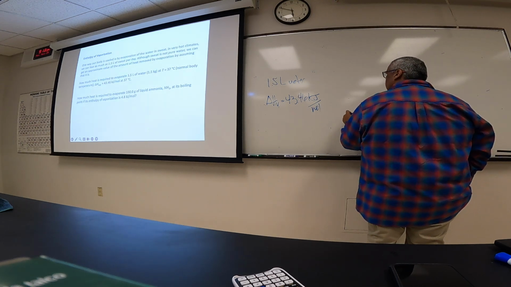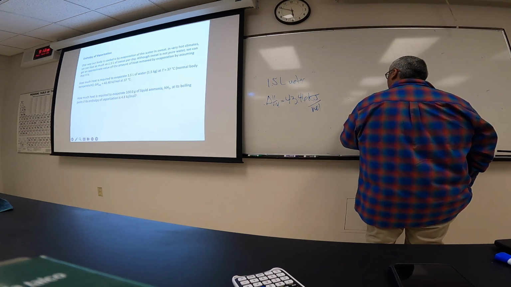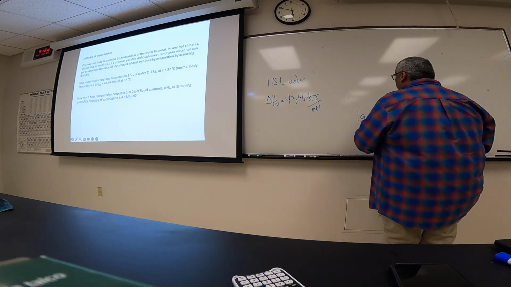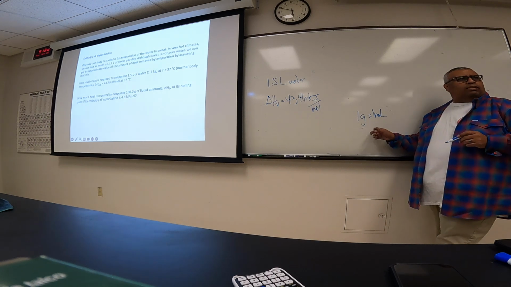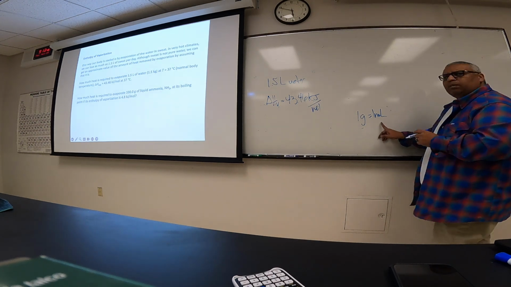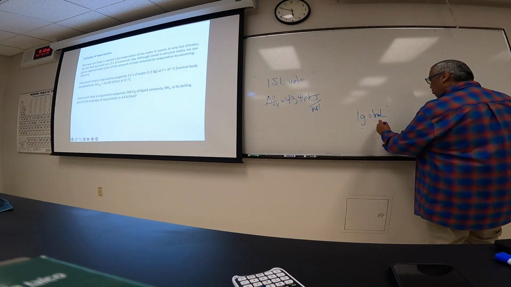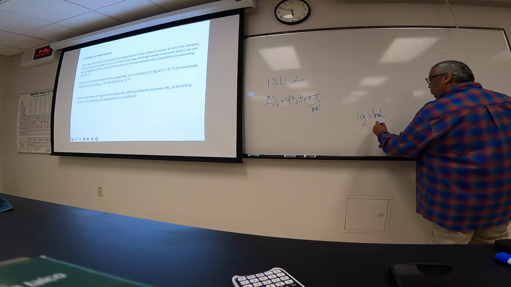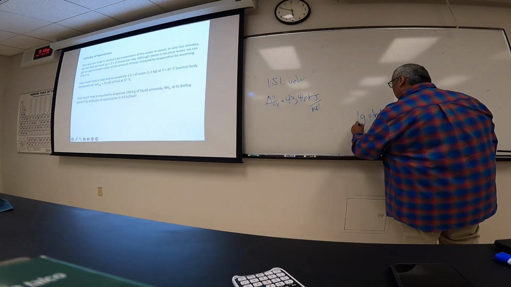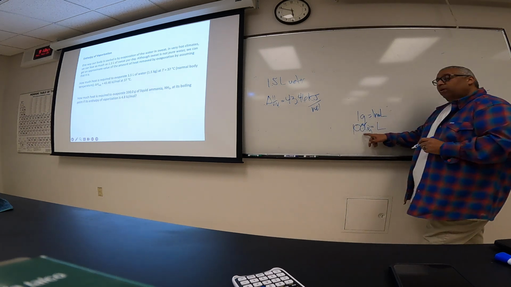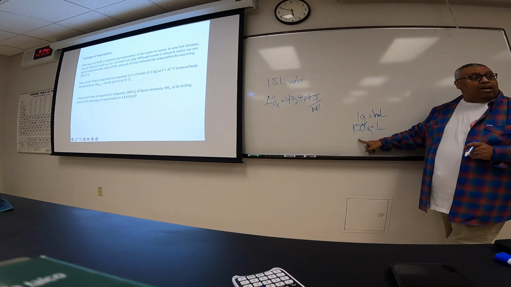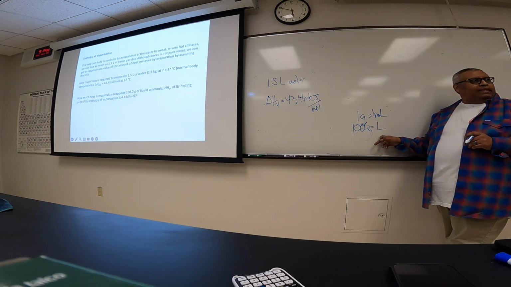I don't think we need the density of water, but what we do need to know is that 1 gram, right? We should know this. 1 gram is equal to 1 milliliter, right? So how many milliliters in a liter? 1,000, right? So in 1 liter, there's 1,000 milliliters, which means that there are 1,000 grams in 1 liter. If 1 gram is 1 milliliter, 1,000 grams is 1 liter.